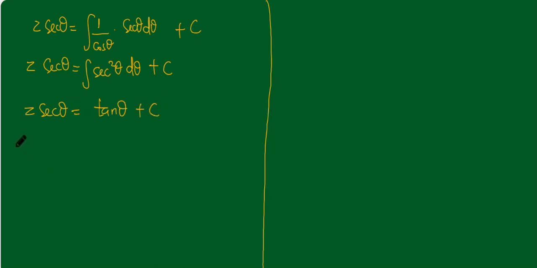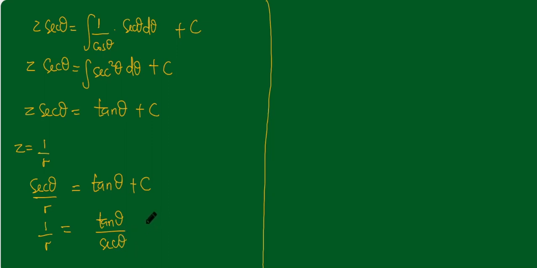Now recall that z is equal to 1 over r. We can substitute this to have sec theta divided by r to be equal to tan theta plus c. So we can further simplify this by dividing through by sec theta. So we have 1 over r is equal to tan theta divided by sec theta plus c divided by sec theta.